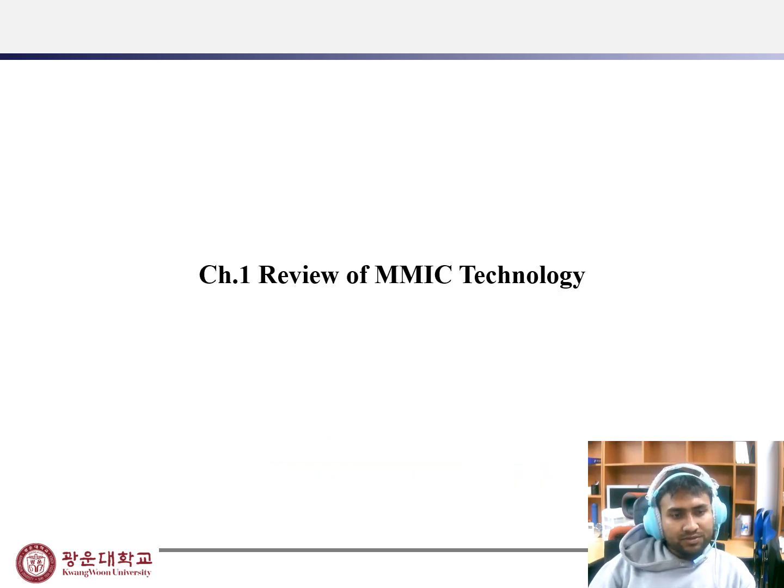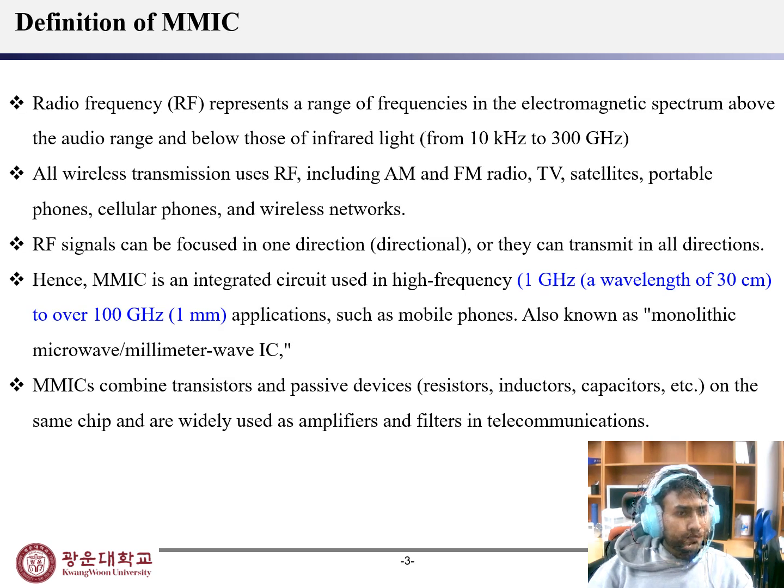I am reviewing MMIC technology. Discuss the definition of MMIC. The term radio frequency represents a range of frequencies in the electromagnetic spectrum above the audio range and below those of infrared light, from 10 kHz to 300 GHz.